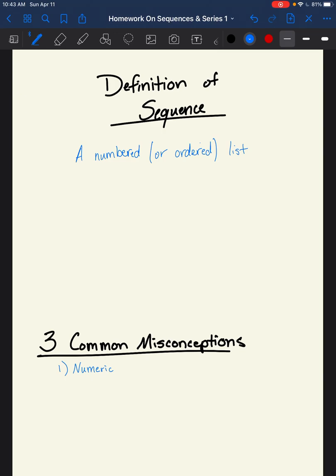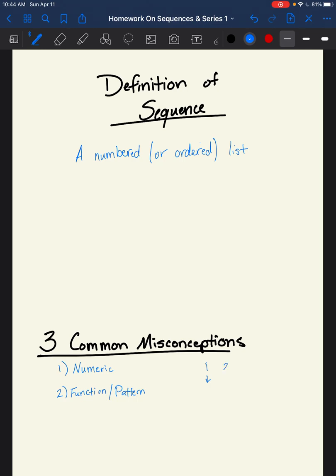From there, we might also see some issues of people treating sequences like they're functions, or assuming that they necessarily have some form of a pattern. Well, just because it's a list doesn't mean that there's necessarily some pattern to the list. And when I refer to it as a function, the idea is that if I take the number 1 and plug it in, I get some number out.